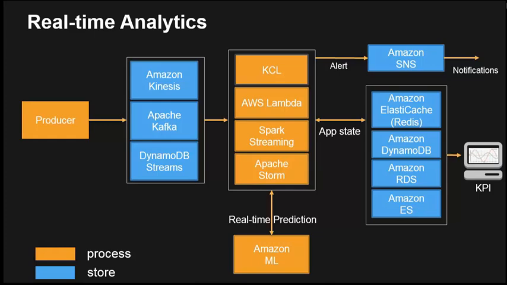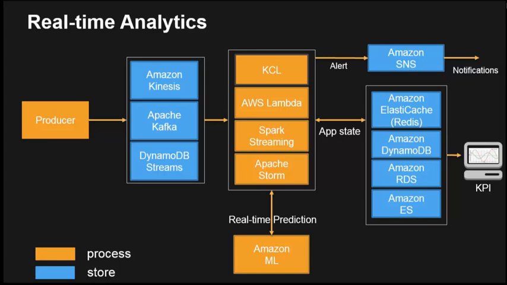So now let's look at a few classic examples. How do you build a real-time analytics pipeline using these principles? For example, in this case, producers produce the data, which can go into Kinesis or Kafka or DynamoDB Streams.